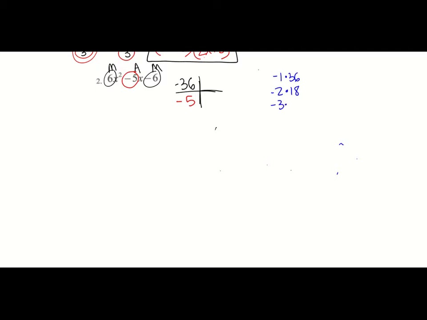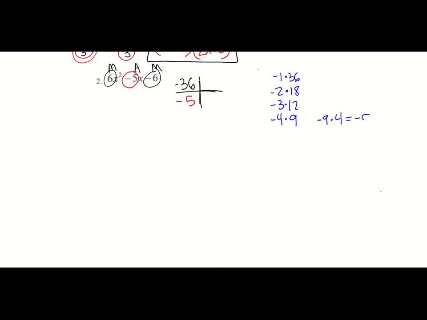Negative 3 times 12. That doesn't work. Negative 4 times 9. Let's see, negative 4 times 9, that gives me a positive 5. Well, that's close. What if I flip that negative side to the 9 instead? I could do negative 9 times 4.